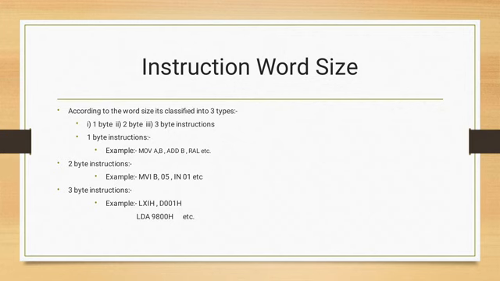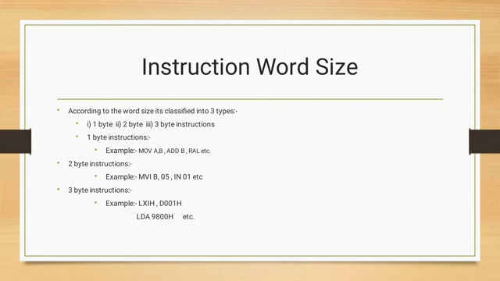Now for the second 2 byte instruction, IN 01 is for reading data at port B. For IN the code is DB, and 01 is the address of port B of the Intel 8255 microprocessor kit.